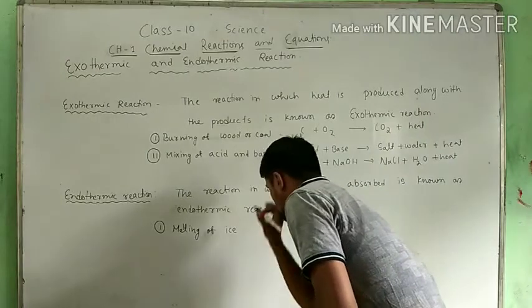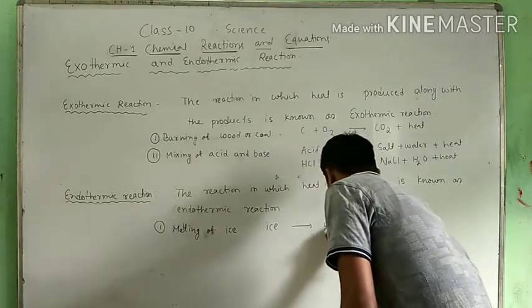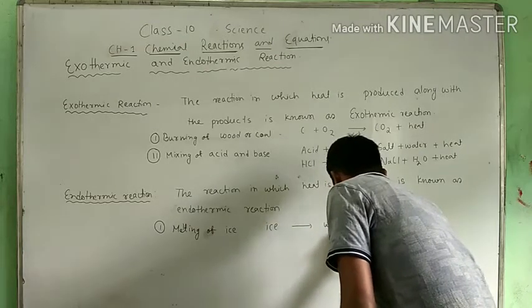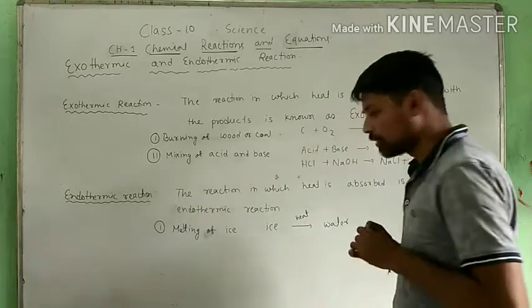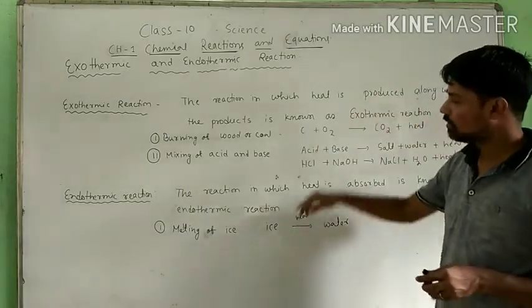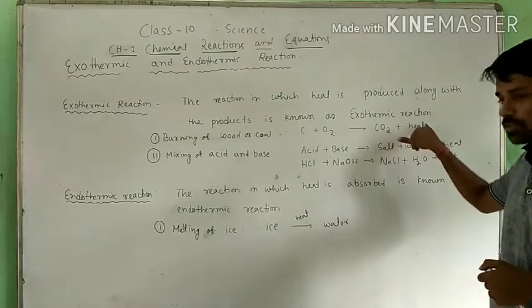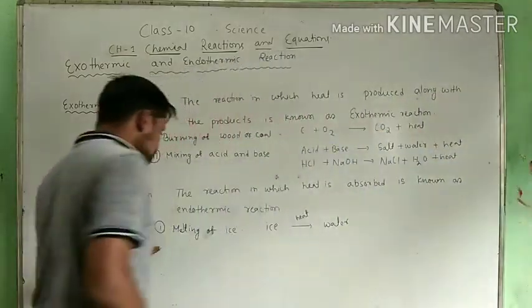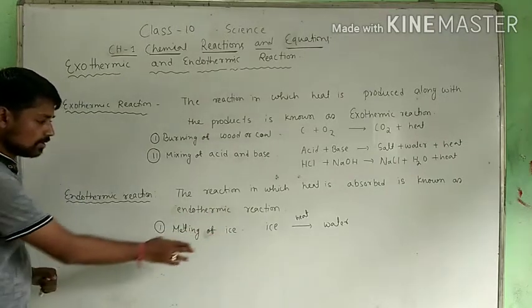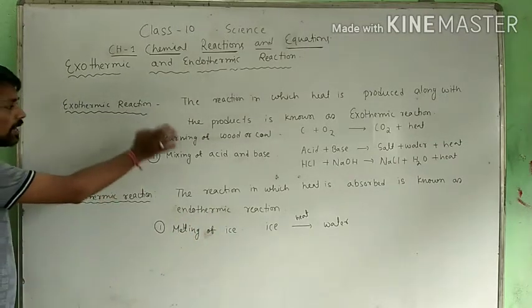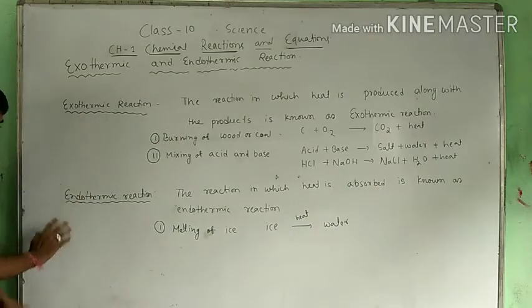So write ice to water. What do we do? We apply heat. So in this reaction heat is required. On the other hand, in this reaction heat is produced. So melting of ice is an example of endothermic reaction. Burning is an example of exothermic and melting is an example of endothermic reaction.